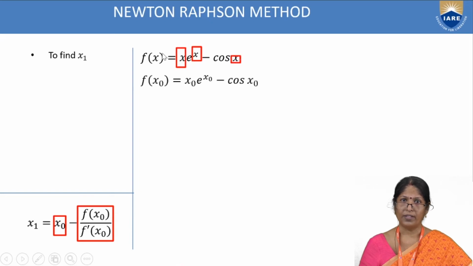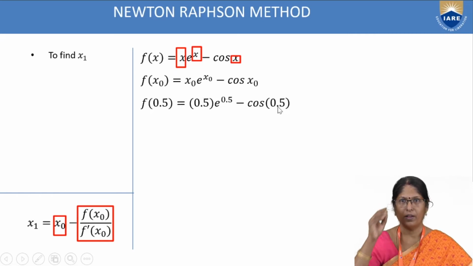So first f of x naught. Wherever x is there, we are changing it to x naught. You can see it, x naught, x naught, x naught. Next, in the x naught place, we put 0.5. So 0.5 e power 0.5 minus cos of 0.5.